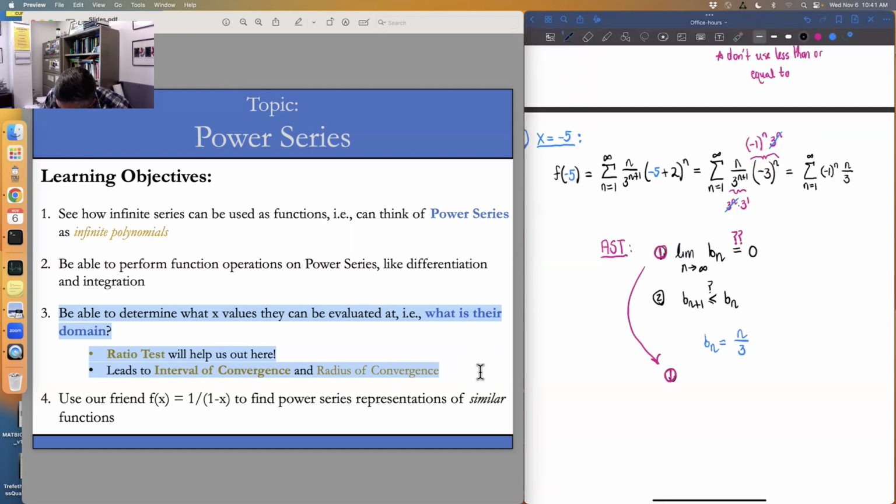We take the limit as n goes to infinity of that positive stuff, which is n over 3. This limit is equal to infinity, which is not equal to 0. So the alternating series test is inconclusive.